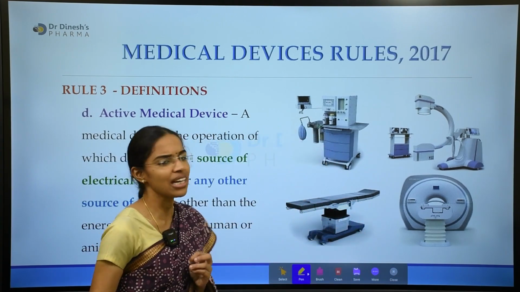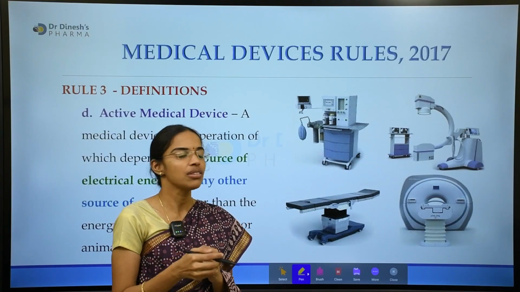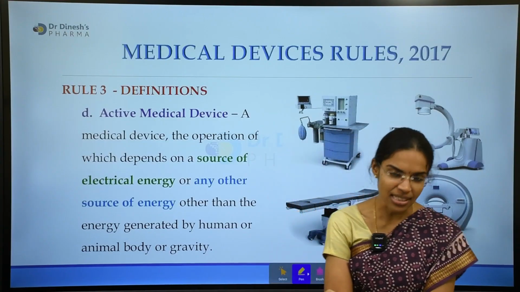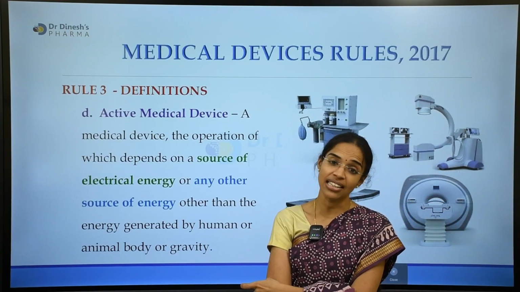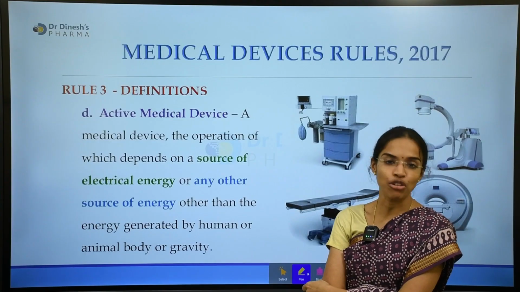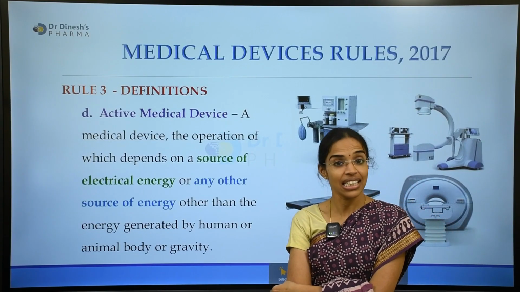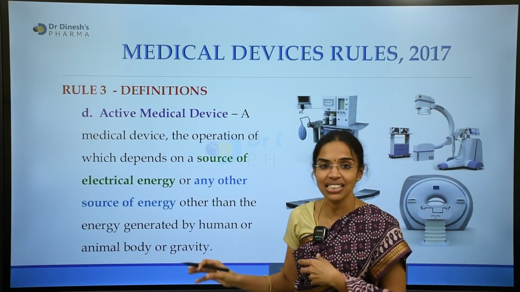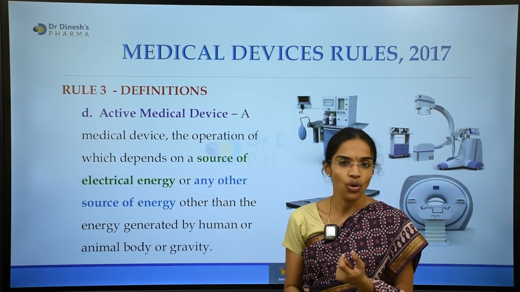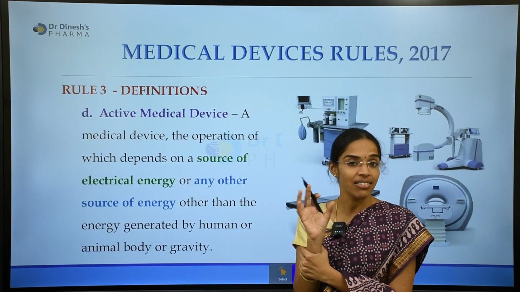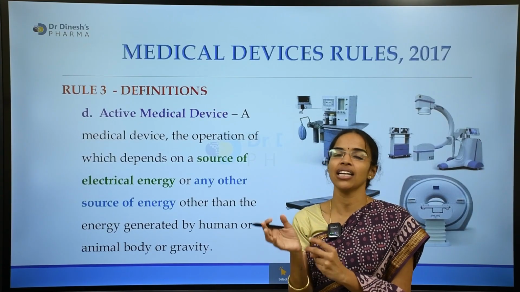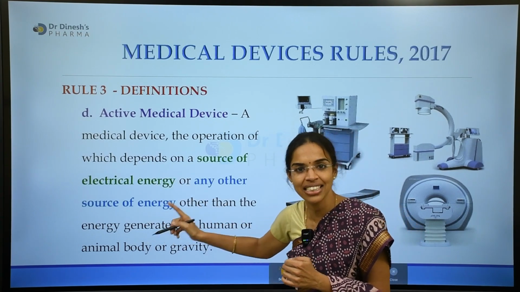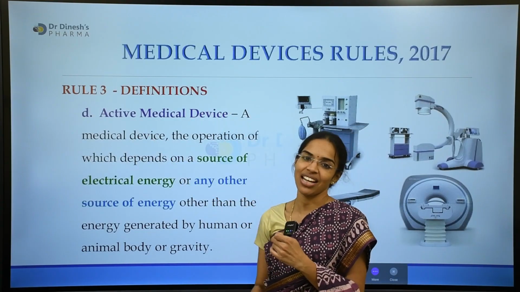Among the active medical devices, we use equipment like infusion pumps, ventilators, defibrillators, radiation equipment, surgical lasers, everything which uses electrical energy. The scan devices, such as the CT scan device or the abdominal scan device, which depend upon electrical energy, are all covered under active medical devices here.